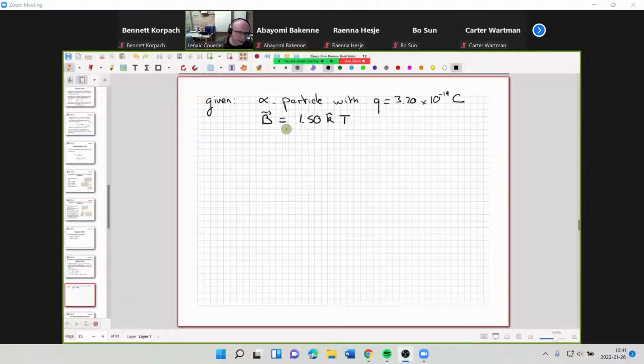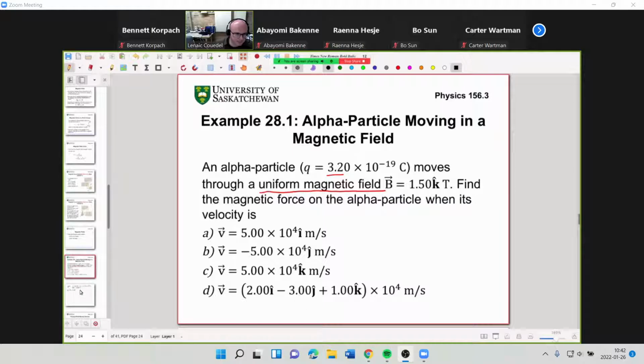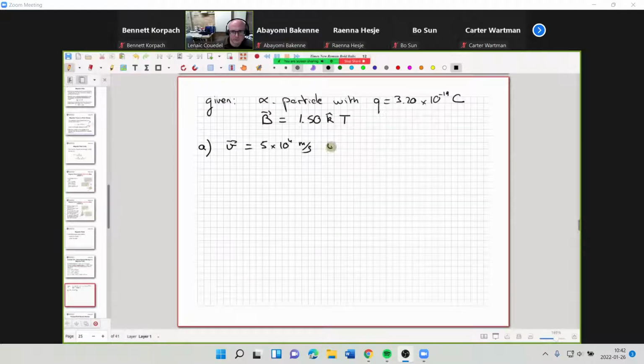Now we are interested in case A, where the velocity of the alpha particle is equal to 5 times 10 to the 4 meter per second along I hat. So how do I calculate the magnetic force?